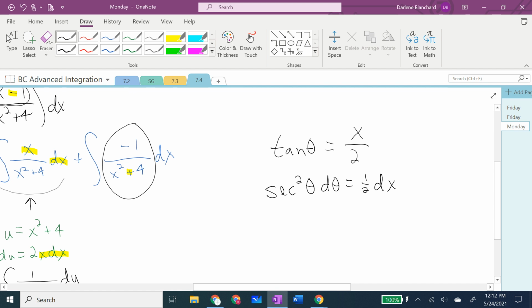And if you want, you can directly substitute in everything, or you can use your triangle to help you out a bit, but I'm going to put it straight in. My x is being squared, so that means that I'm going to have 4 tan squared theta, and then plus 4.